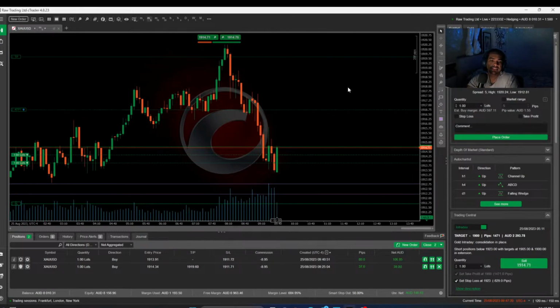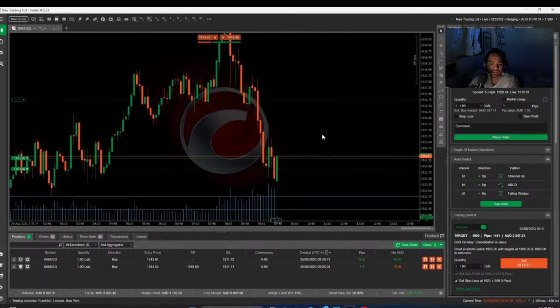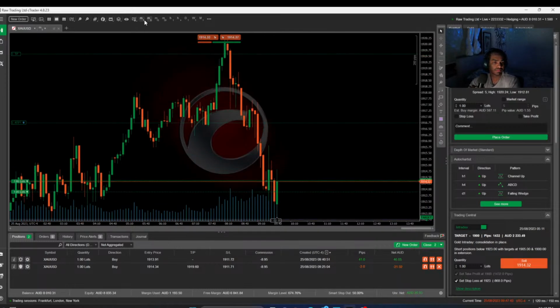So for the price to go up, I want the 5-minute candle to close bullish, so that there's a momentum for the price to go up.